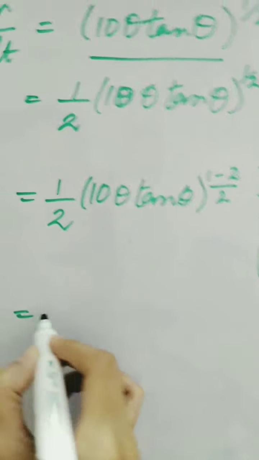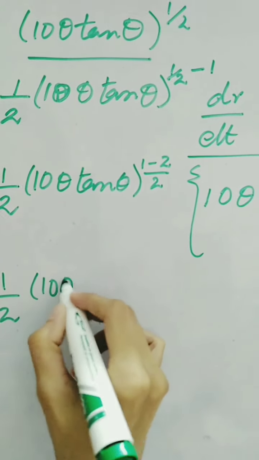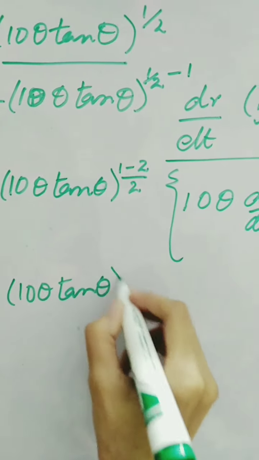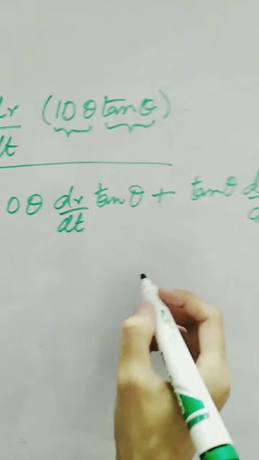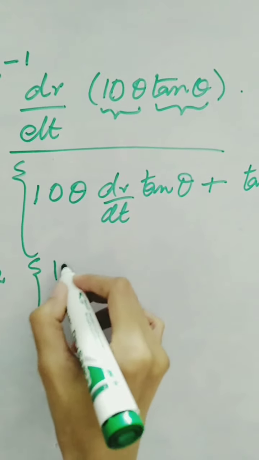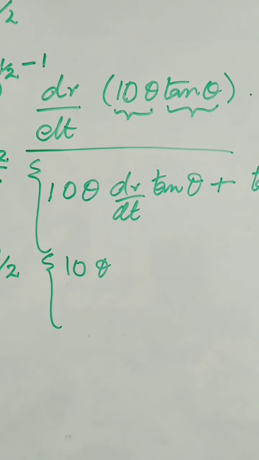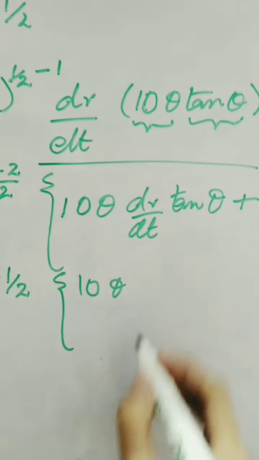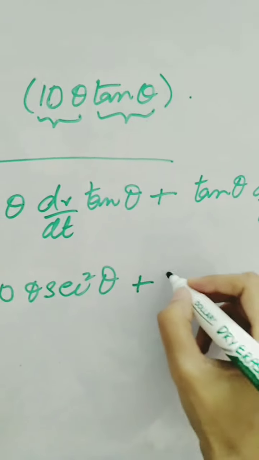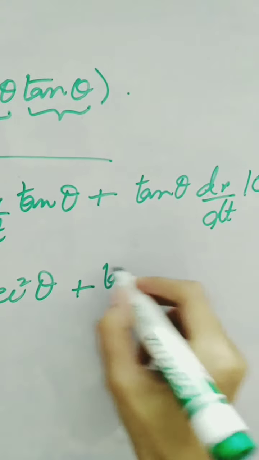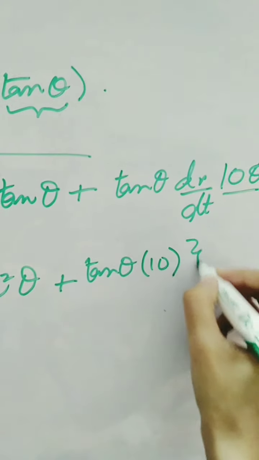Now we have here 1 over 2 (theta tan theta) to the power minus 1 over 2, and here we have theta, and the derivative of tan theta is sec squared theta, plus tan theta remains as it is, and the derivative of theta is 1.